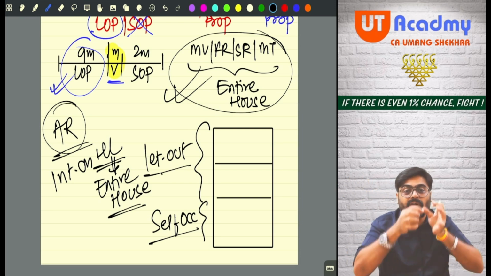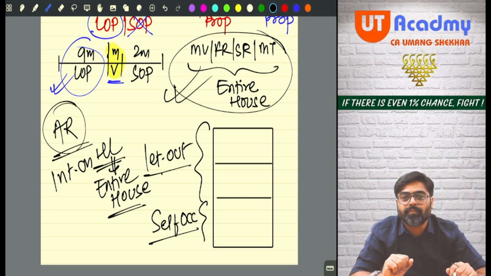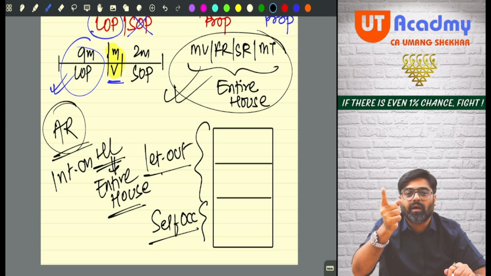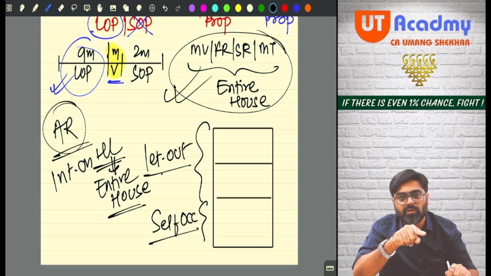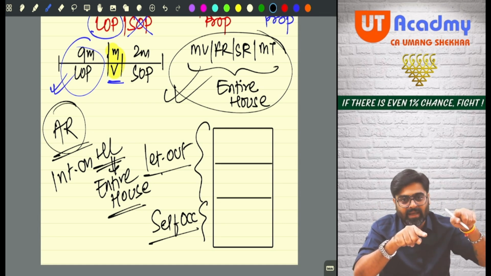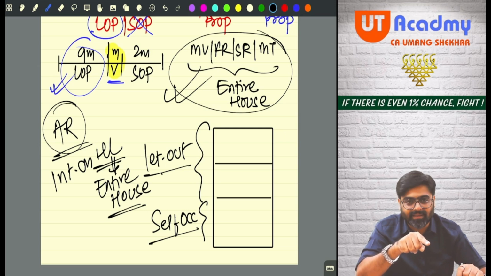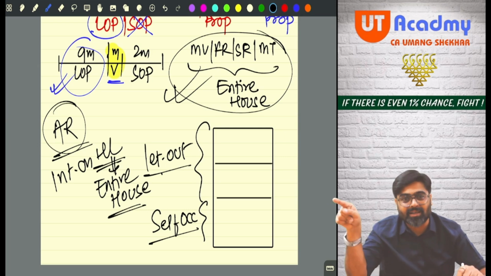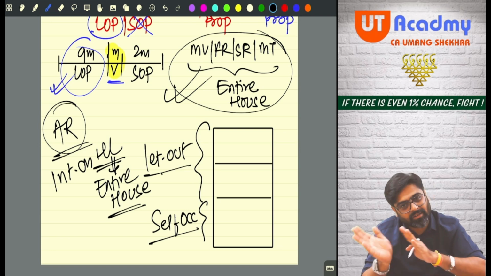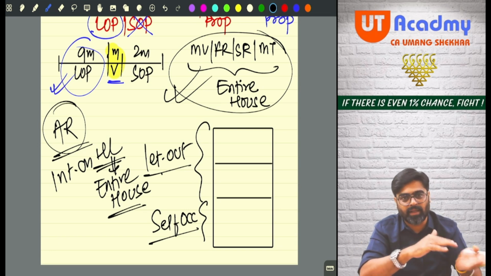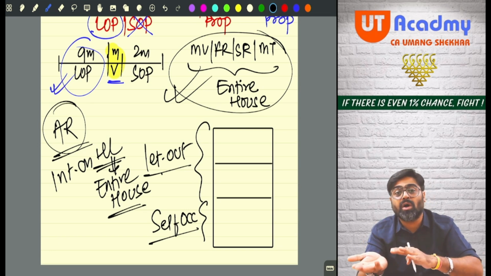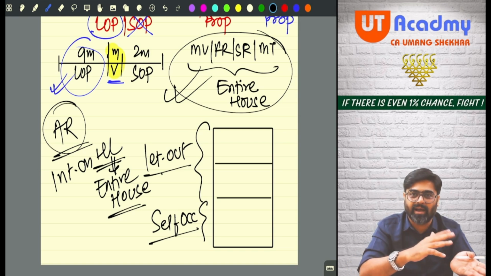So interest also relates to the entire house, no? Are you keeping the entire house let out? Are you keeping the entire house self-occupied? Then you'll have to divide this interest also in the same ratio in which the property is let out and self-occupied. Yes or no? Based on area.